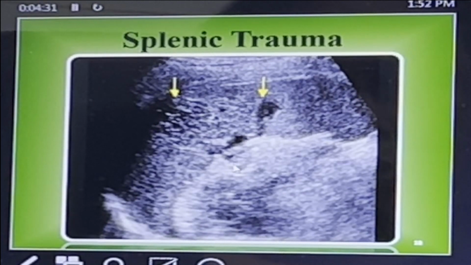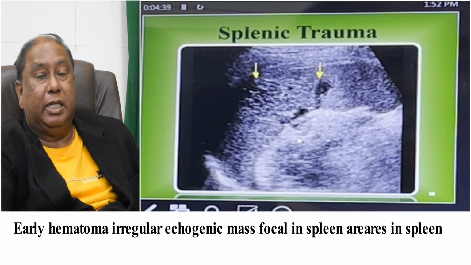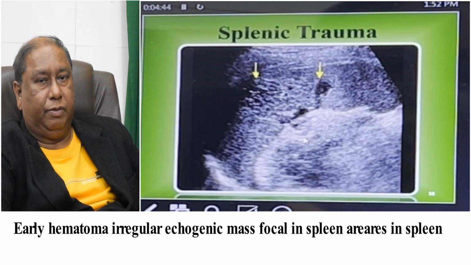So what would be the sonographic appearance? Early hematoma has an irregular echogenic mass, focal in the spleen. As time progresses, as I told earlier, the echogenicity will go down.